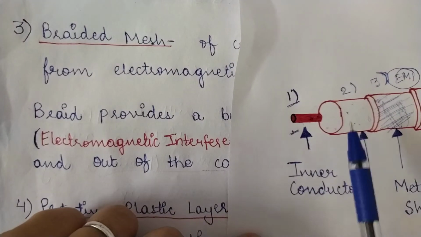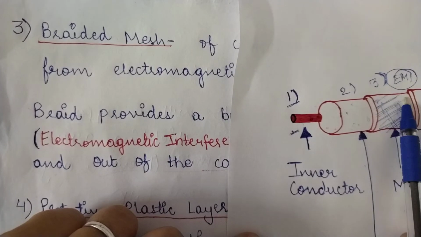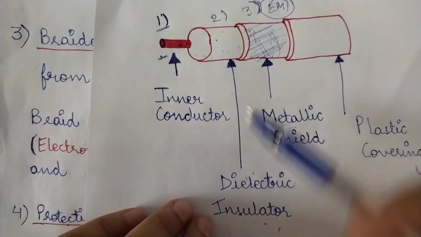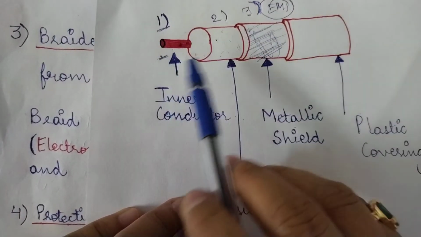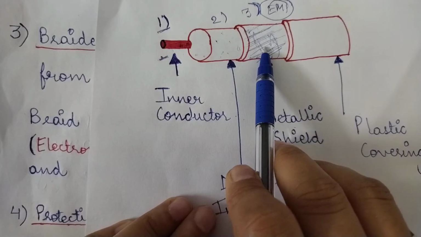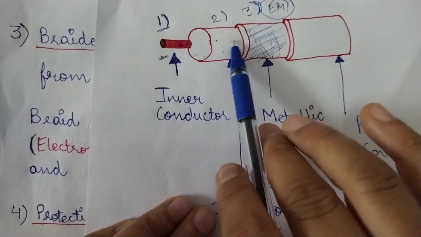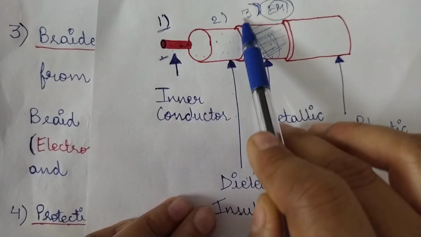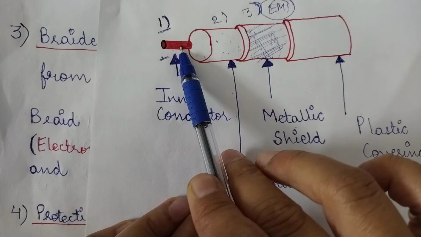Then you will say that when the metallic shield is already preventing any EMI, why are you using this dielectric insulator between the metallic shield and the inner conductor? This is because it provides proper spacing between the inner conductor and the braided mesh and helps to further prevent any unwanted noise, because even if there is any unwanted noise from here itself, it will go away and will not reach till here.